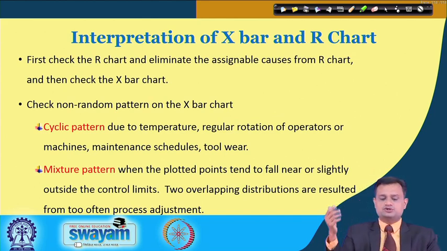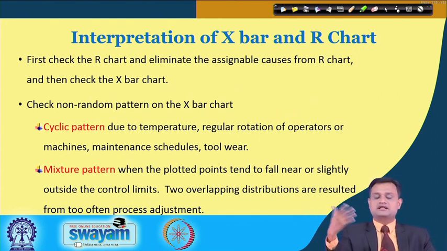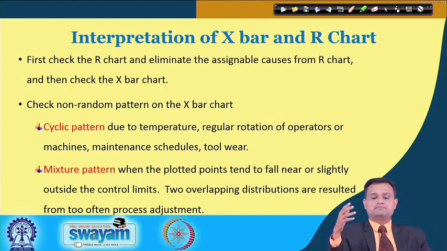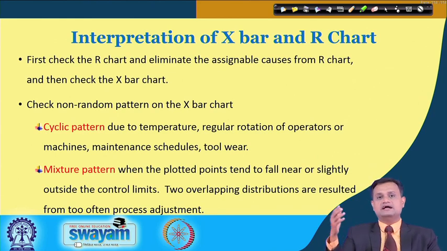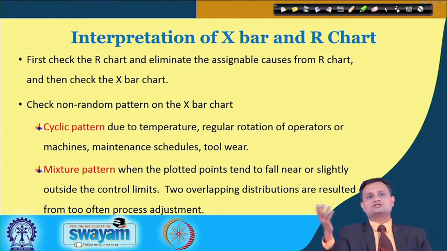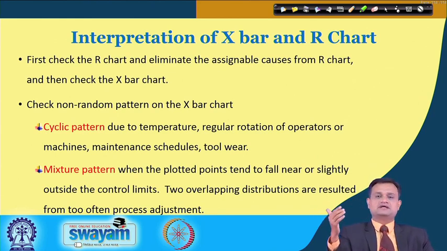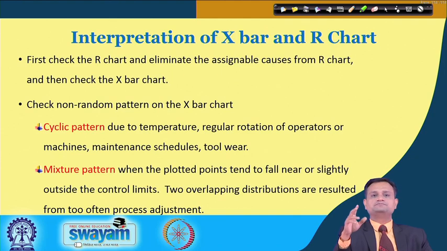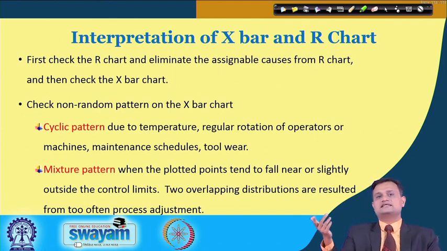This may be due to temperature, regular rotation of operators or machines, maintenance schedule, or tool wear. There could also be something called a mixture pattern, when the plotted points tend to fall near or slightly outside the control limit.